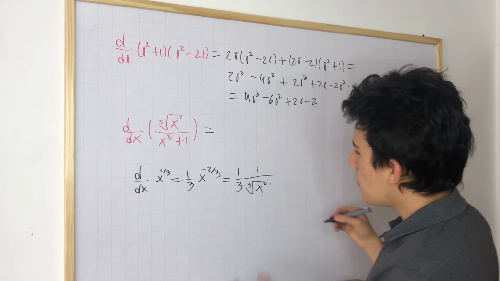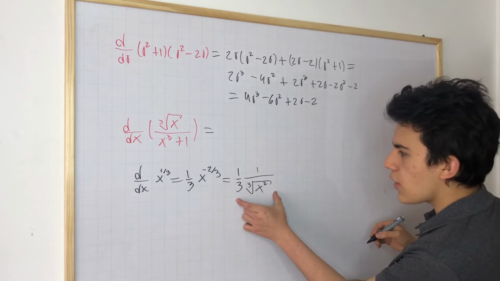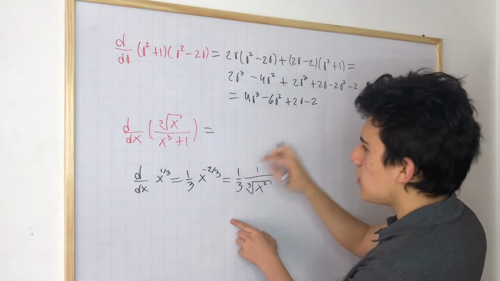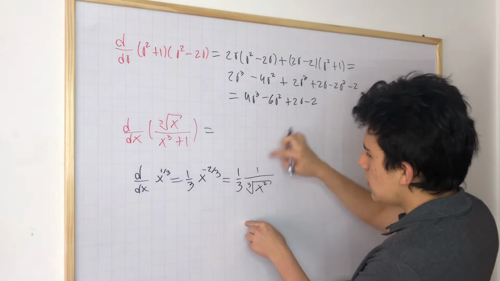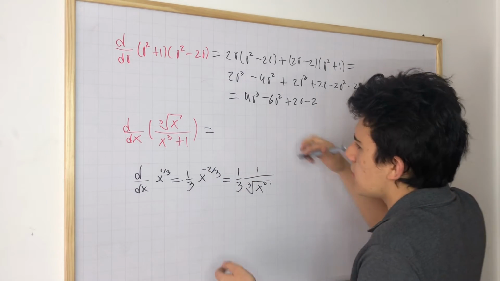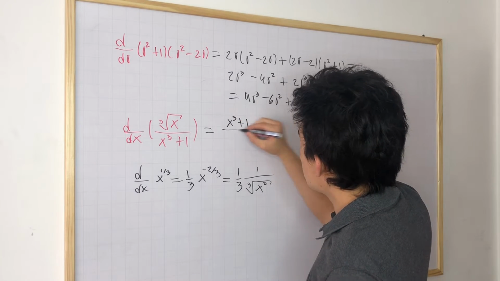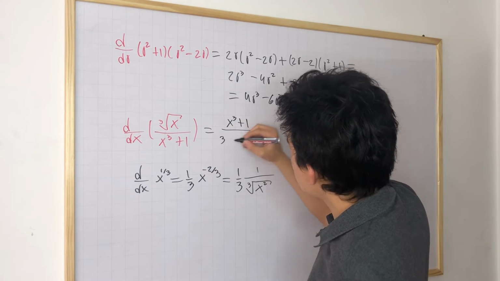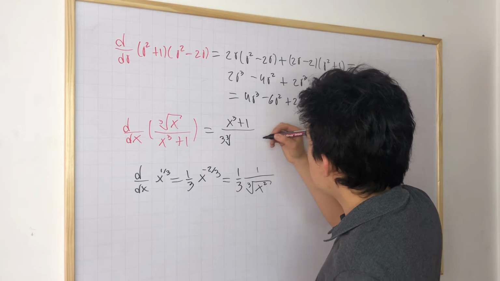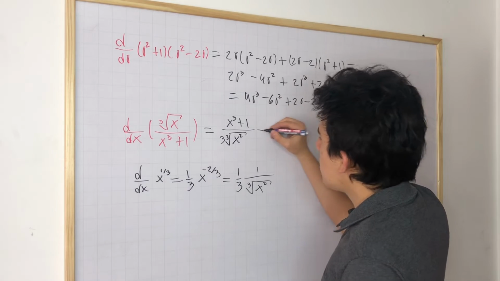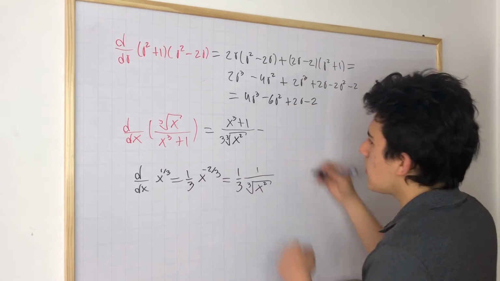Now we know we are going to multiply this fraction by this. So just to save us some time, we can just simply put this factor into the numerator, because we're just simply going to multiply. So we're going to have x to the third power over 3 times cubic root of x squared, minus, so now the derivative of what we have on the bottom.